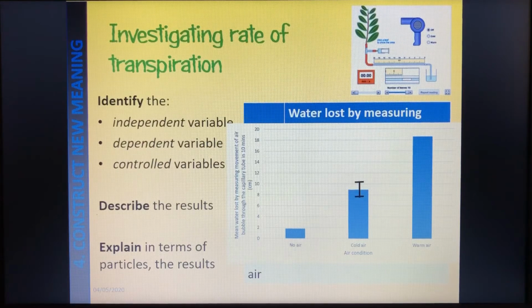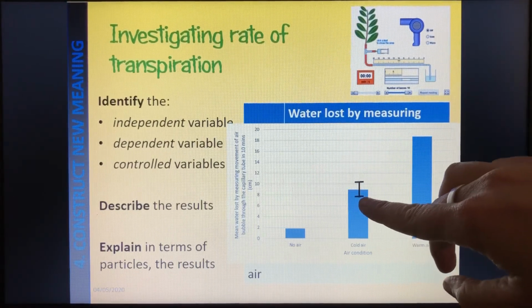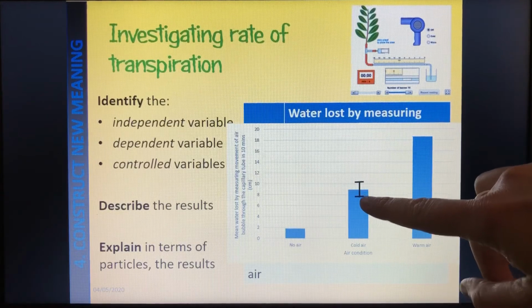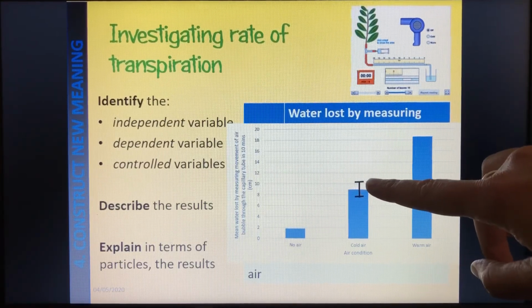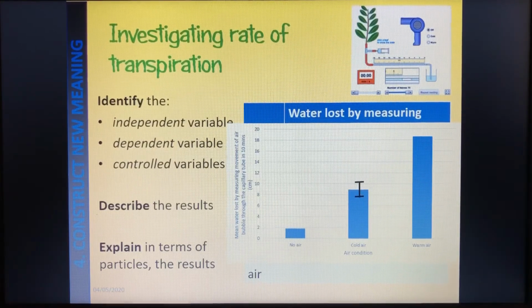Here is an example of an error bar, and what this shows us is the range of our original results. Please be aware this one is not to our results, it was really hard to create this little error bar. Basically the bottom of the bar gives you the value of the lowest result out of the set of results, the value at the top gives you the highest value of the set of results, and then you have a bar in between, and it shows you the variation between the results.